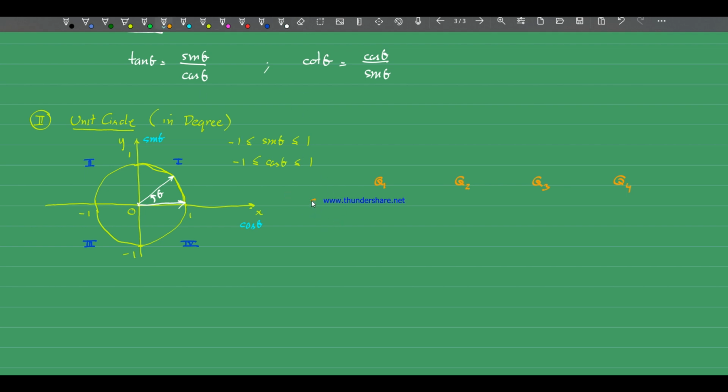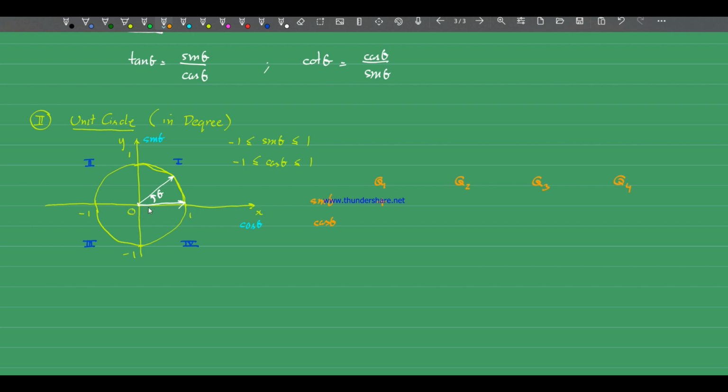So let's start with sine first. First quadrant right here, you see the angle theta belongs to the first quadrant. So the sine from here to here must be positive, right? In the first quadrant, sine is positive. And what happened to cosine?